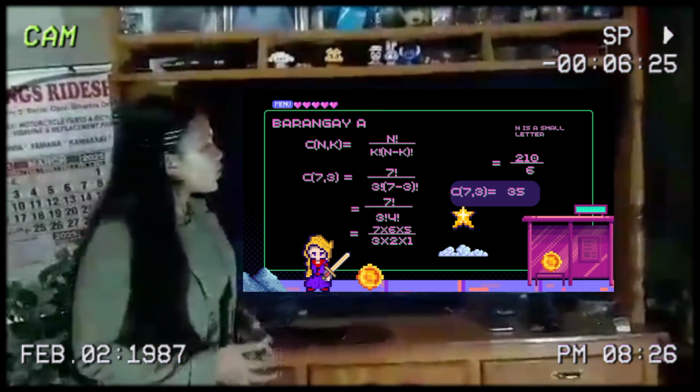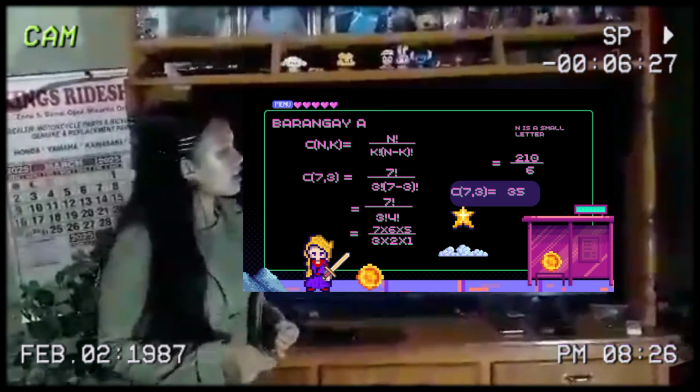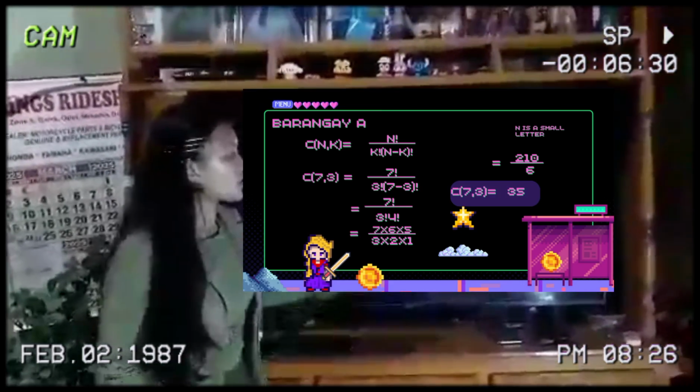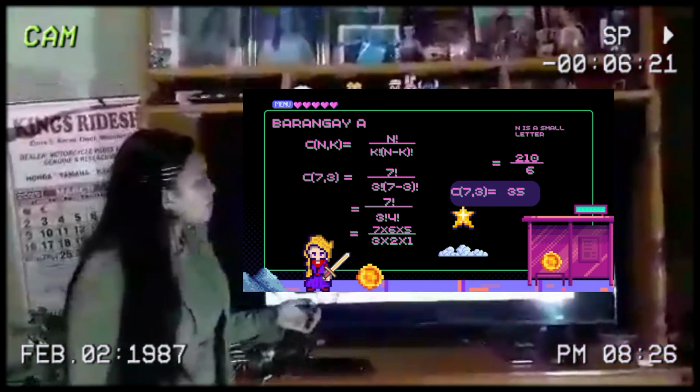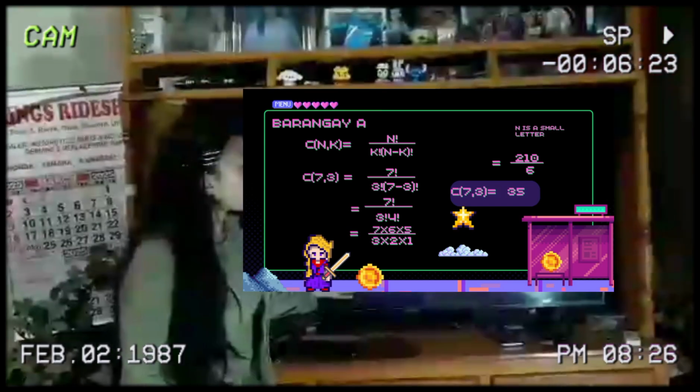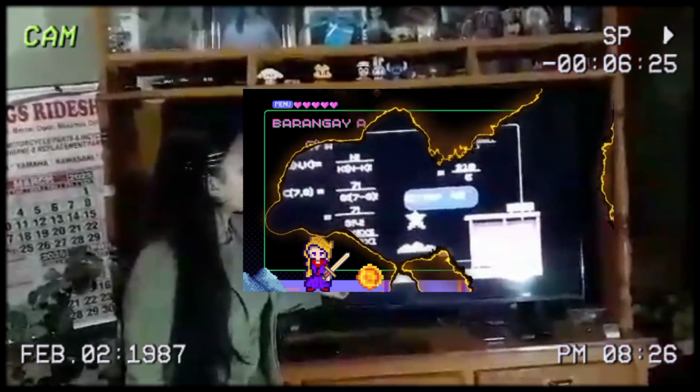So, 210 divided by 6 is equal to 35. So, our C of 7 and 3 is equal to 35.